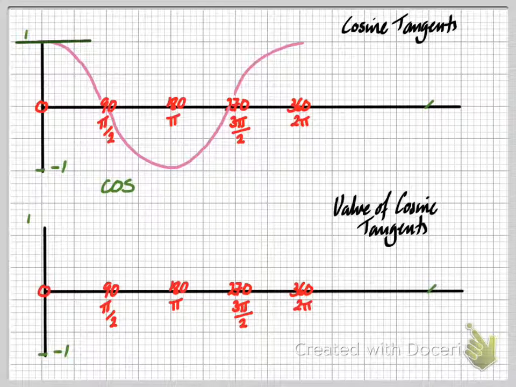So that means I can plot the point here. And then I'm going to plot the tangent at an arbitrary point here.